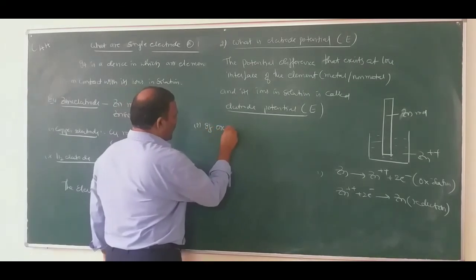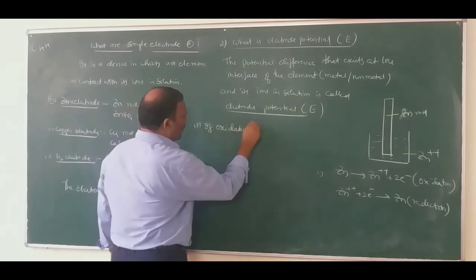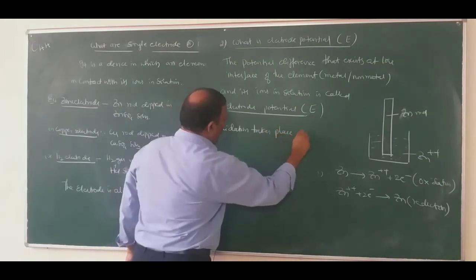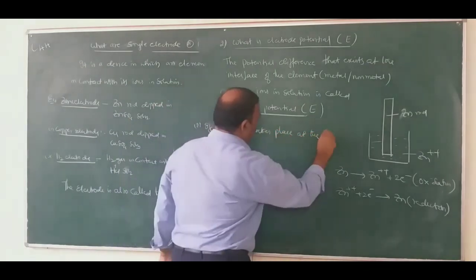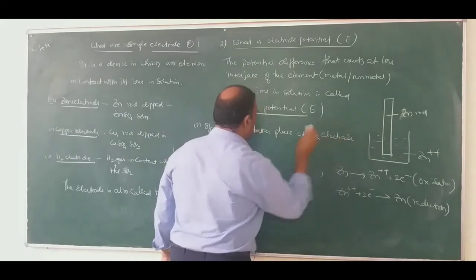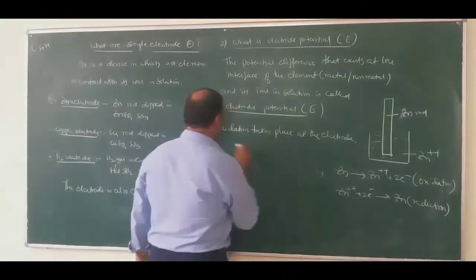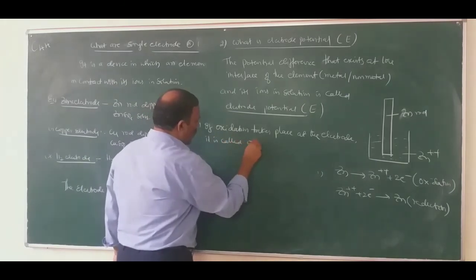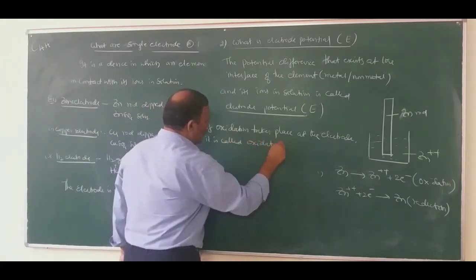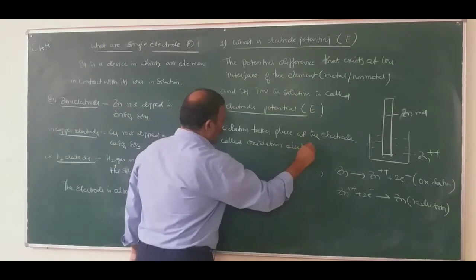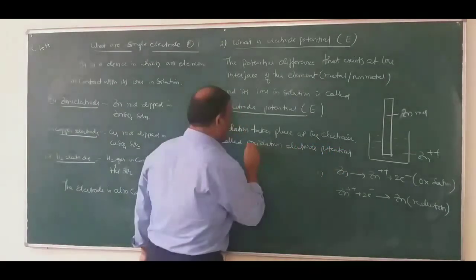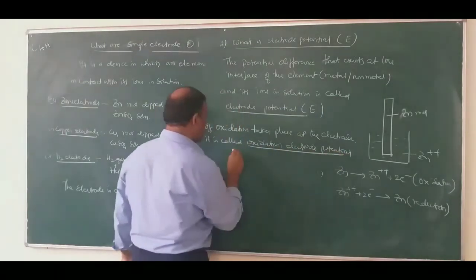Number 1, if oxidation takes place at the electrode, it is called oxidation electrode potential.